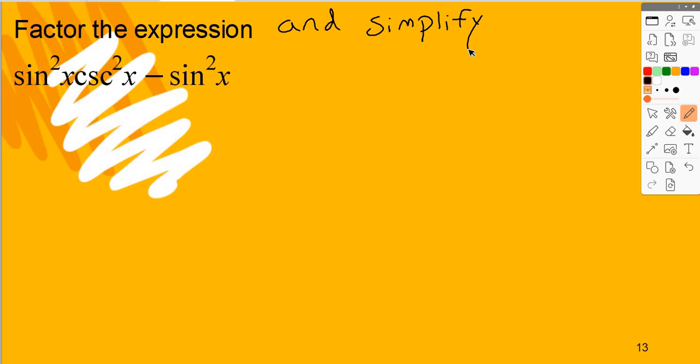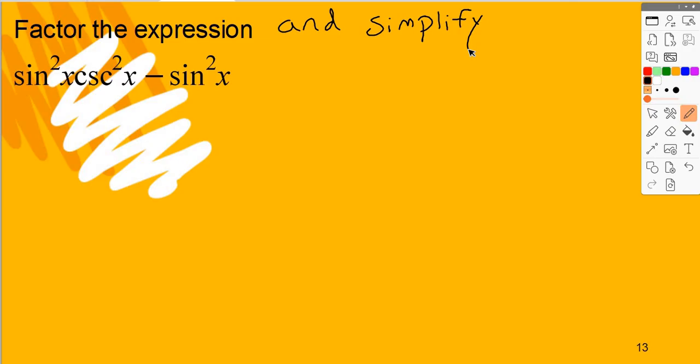So if we remember all the way back to the beginning of the year, what was the first thing that we said that we want to look for whenever we're factoring things? Not like terms, but it's another word for like. Another word for same. Common. Common what? Common factors, right?